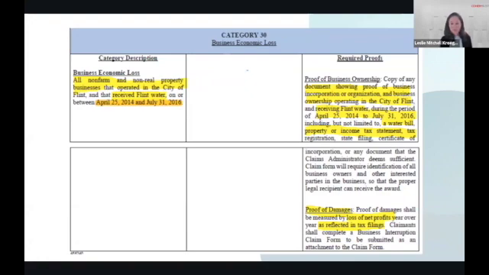That could be a water bill, a property tax statement, an income tax statement, a state filing, a tax registration, a certificate of incorporation, anything that officially shows you own the business. Again, the proof of damages comes from your tax filings. You must show a loss of net profits year over year. And when we get into that actual form, we'll show you the years that you have to show.